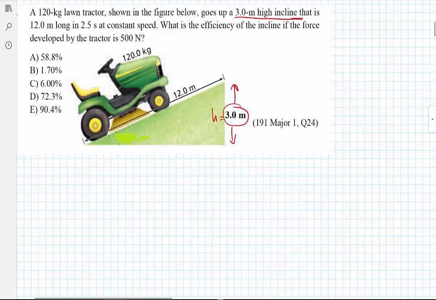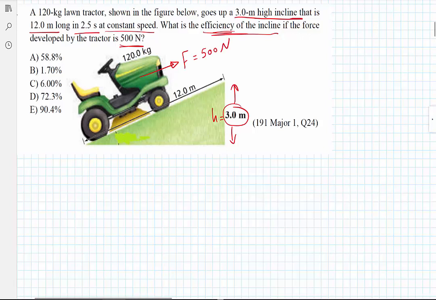It did it in 2.5 seconds at a constant speed. What is the efficiency of the incline if the force developed by the tractor is 500 Newton? So he's asking about the efficiency. The efficiency equals the output work over the input work. The force that's done by the tractor is 500 Newton.